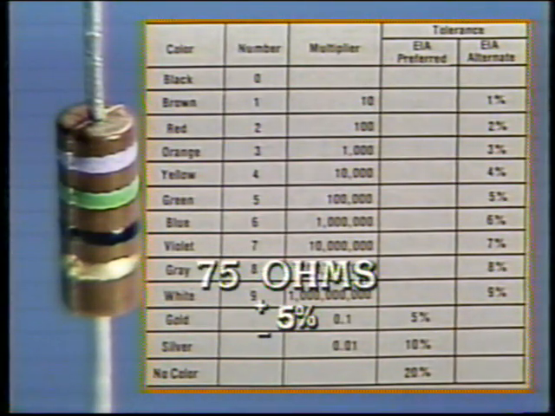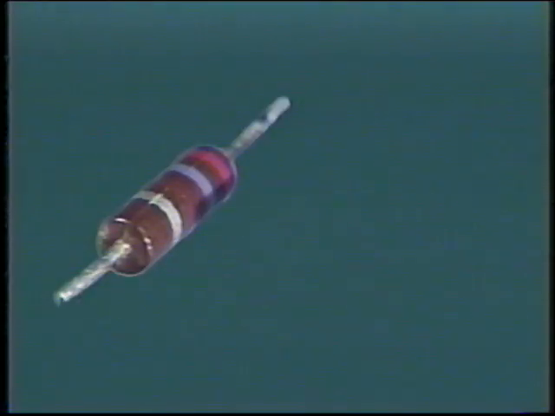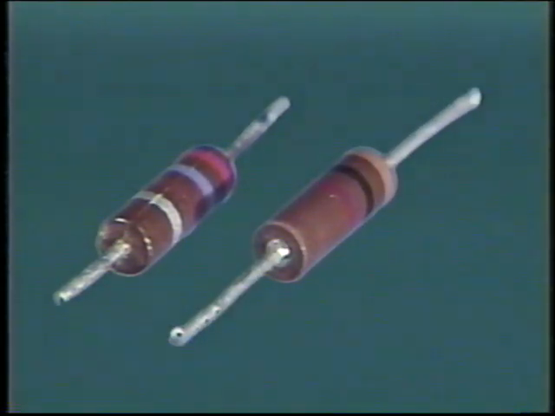The tolerance of this resistor is between 71.25 ohms and 78.75 ohms. A silver band would indicate a tolerance of plus or minus 10%, while no fourth band indicates a 20% tolerance on either side of the actual resistance value.